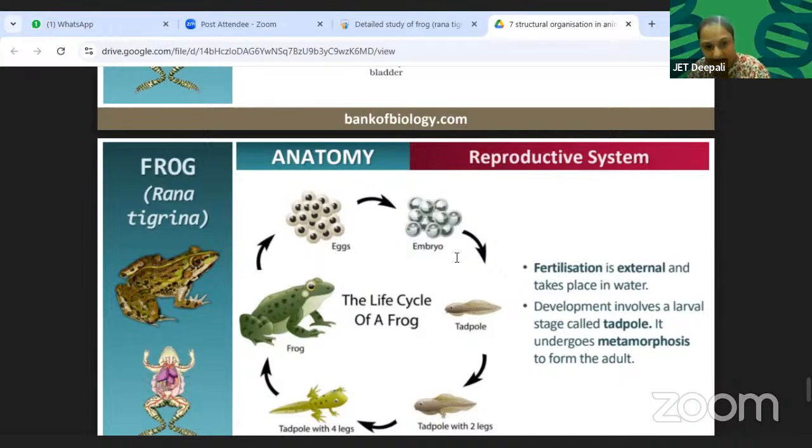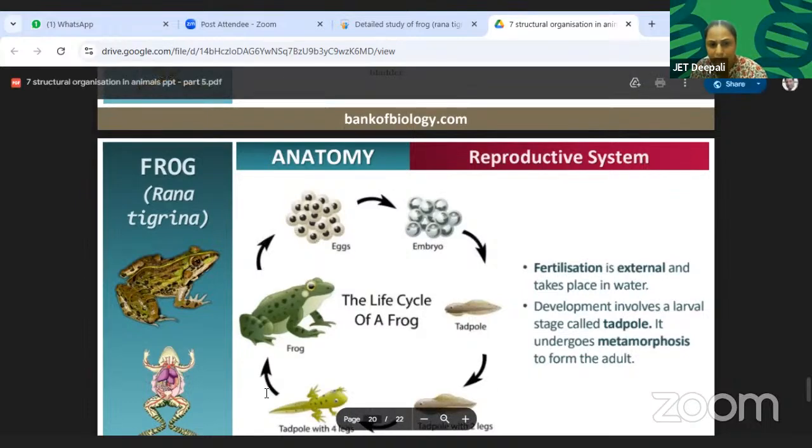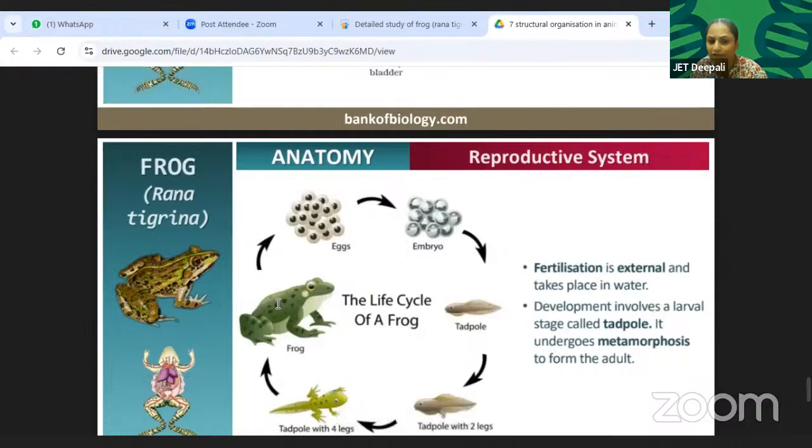See, this is a frog: eggs, embryo, tadpole, tadpole with two legs, tadpole with four legs, and ultimately a frog. This is their life cycle. These eggs are normally present over the back side of the male frog. They have secondary viviparity. It is a perfect example of parental caring.